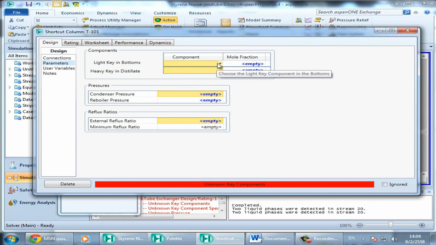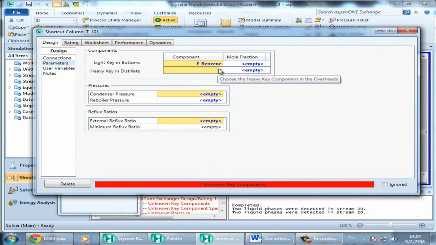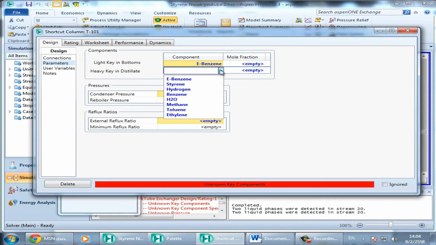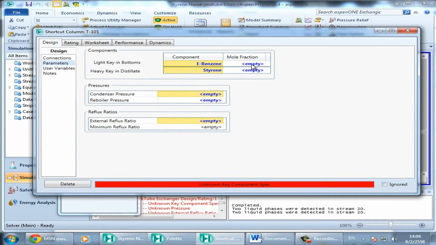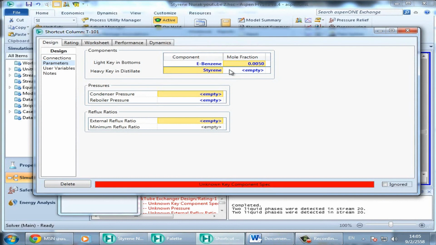So what I use here is ethylbenzene is the lighter one and the heavier one is styrene. So I have that equal to 0.005, and the heavier one should not be in the ethylbenzene by 1%. So I put that number.